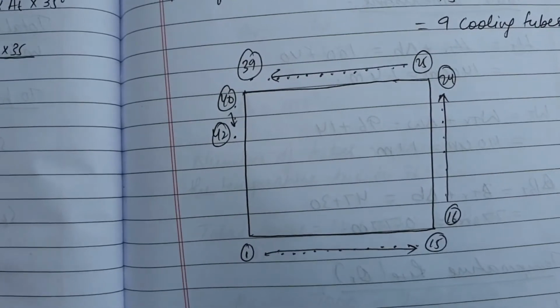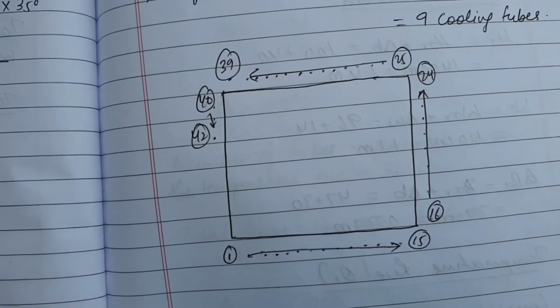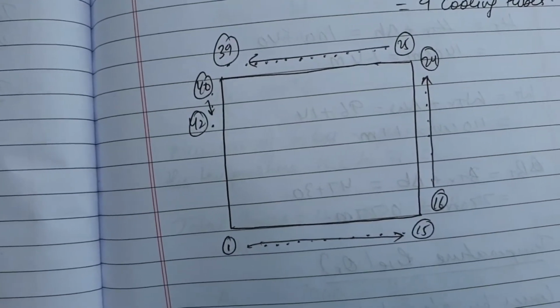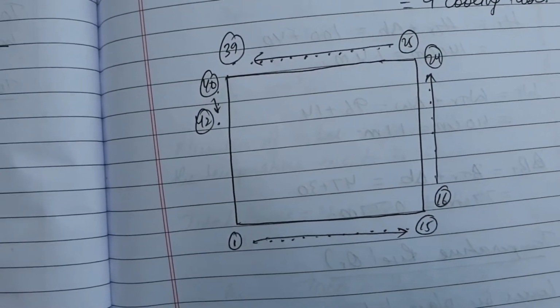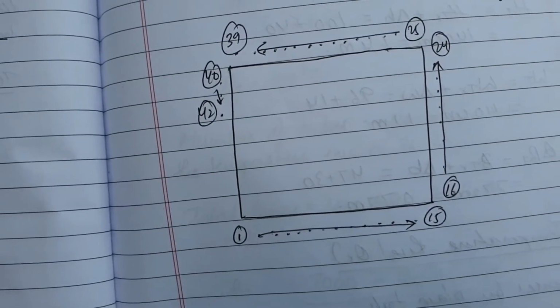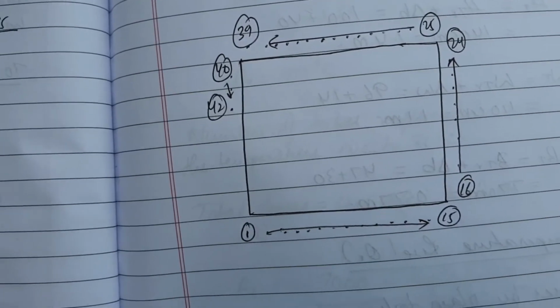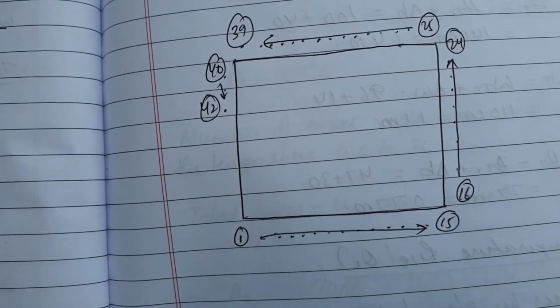So when you are seeing the transformer from the top, as I said you can see only length and breadth of your transformer tank. So along the length we have placed 15 cooling tubes. So let's start from one number.